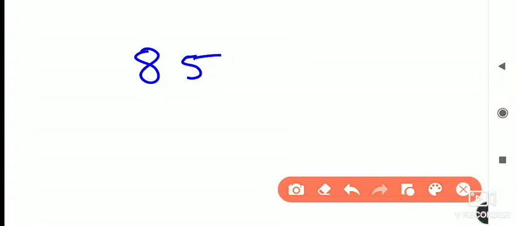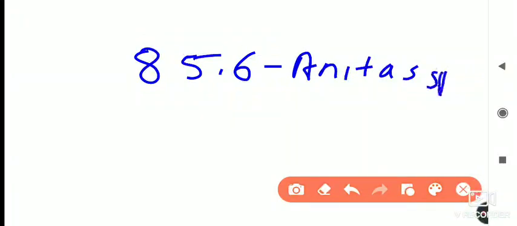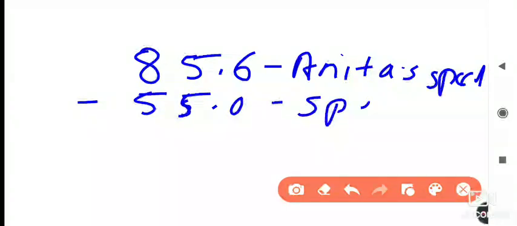We have to write Anita's speed first, because we have to find out how much speed she should reduce from the original speed to the speed limit of 55 km per hour. So here is Anita's speed, and here is the speed limit, and we have to find out how much speed she should reduce. For that I have to subtract.